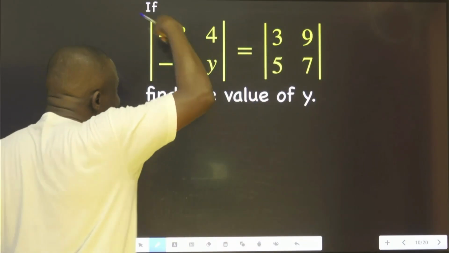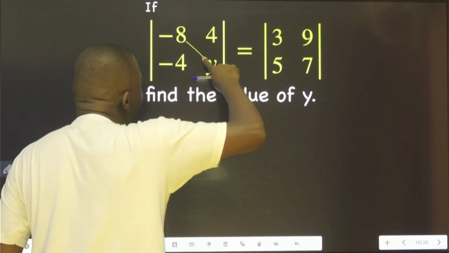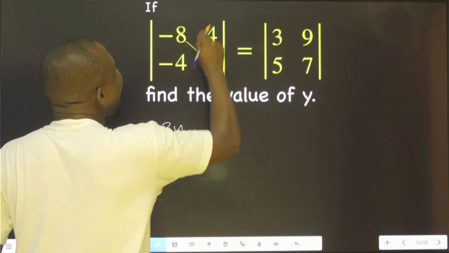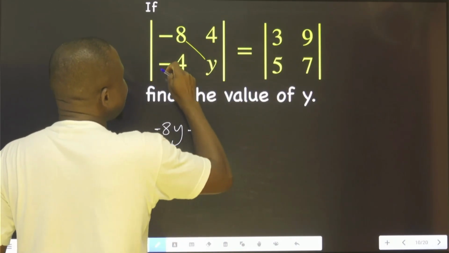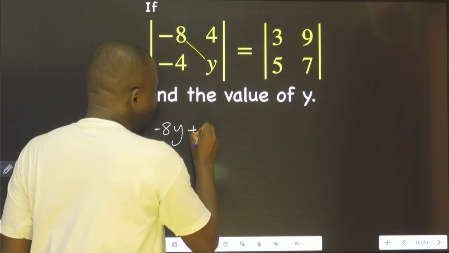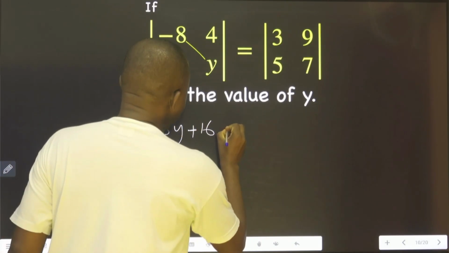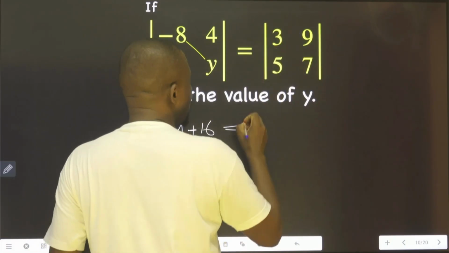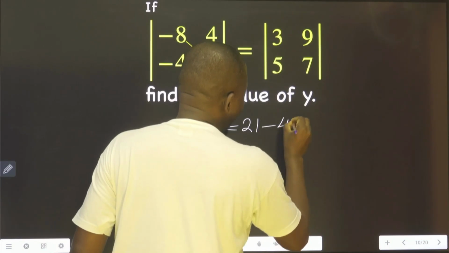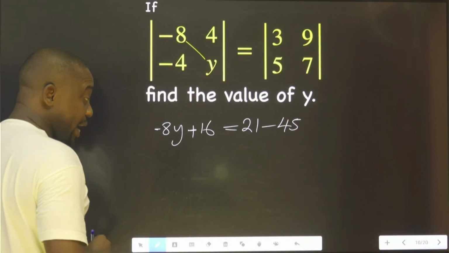To work this determinant out, is this multiplied by this, minus 8y, minus this multiplied by this is minus 16. Minus this becomes plus 16. Equal to these two, 21 minus 45. Okay?